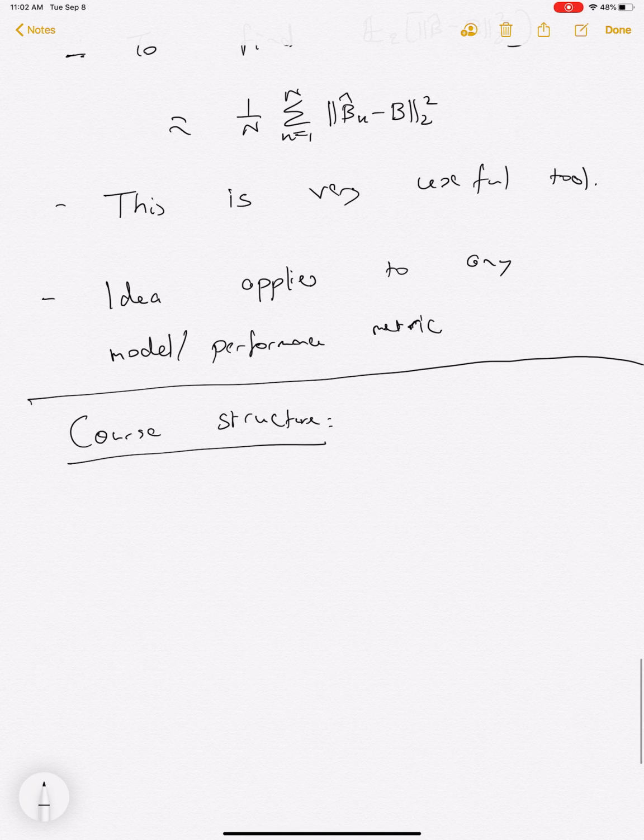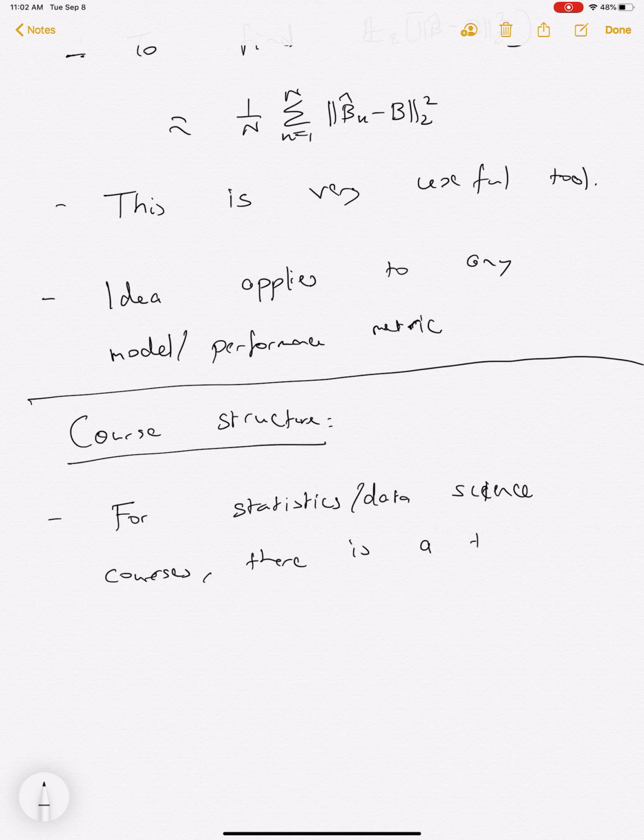And so I guess why I bring this up is that for statistics or data science courses, there is a theory methodology side.